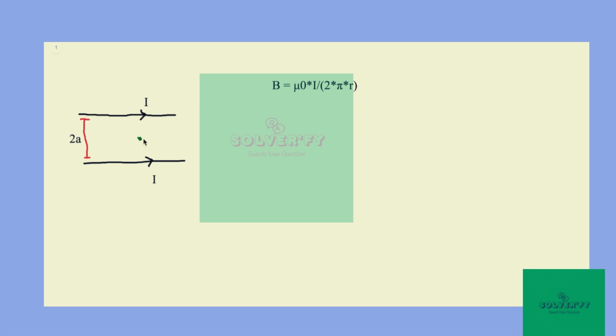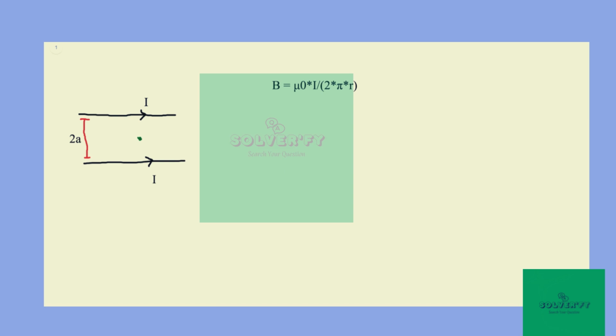So we have a contribution into the page from the top wire and out of the page from the bottom wire. And again, the magnitudes of those two magnetic fields are the same because I is the same and r is the same. So those are just going to cancel out, meaning that there will be no net magnetic field at this point halfway in between. So the answer to part A will be 0.